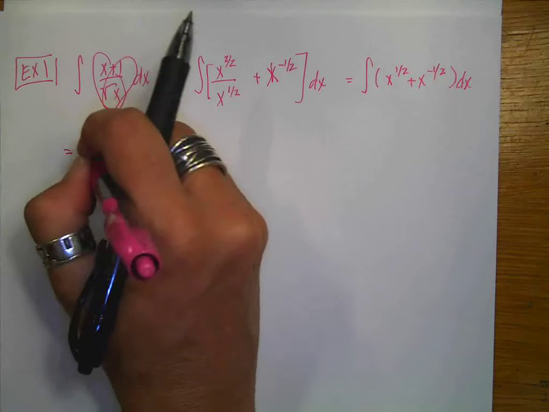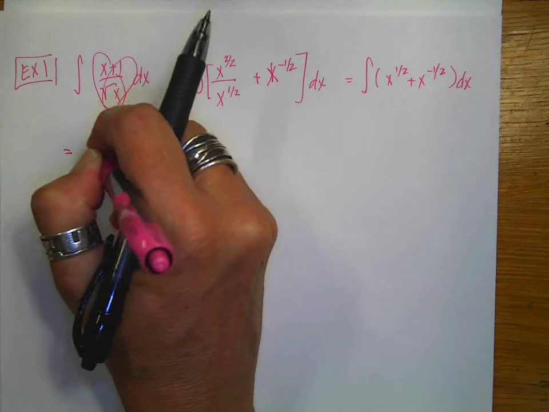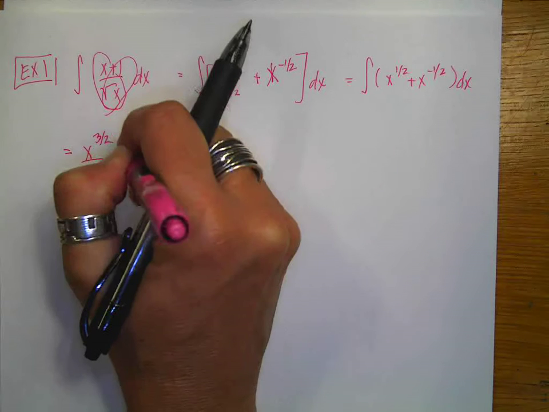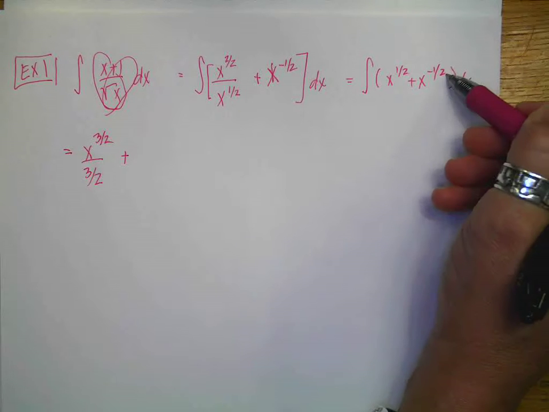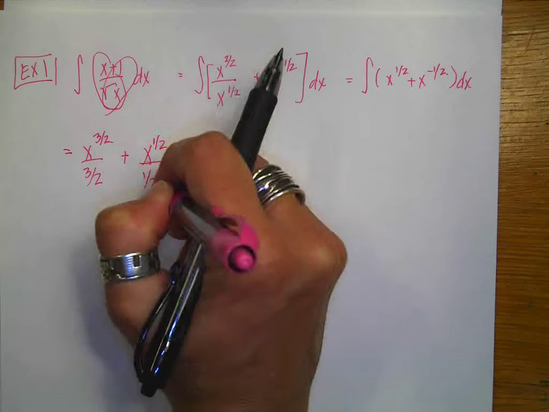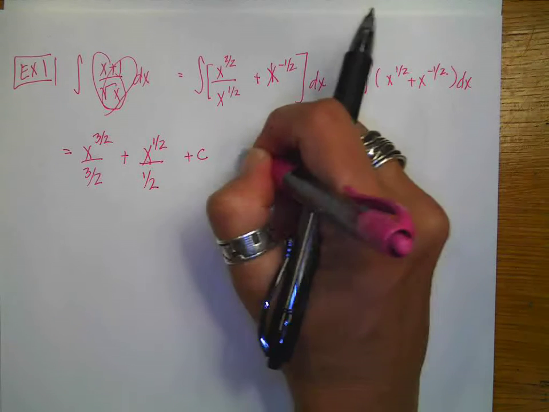Remember that integrals go up a power, so this is going to be x to the 3/2 divided by 3/2, plus x to the positive 1/2 divided by 1/2, and then plus c.